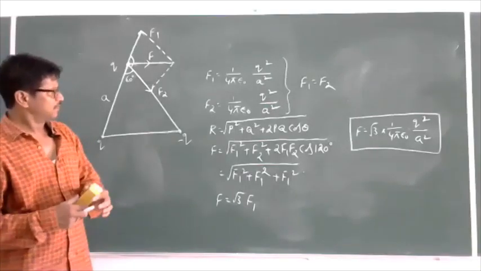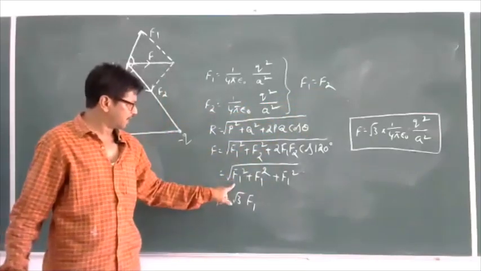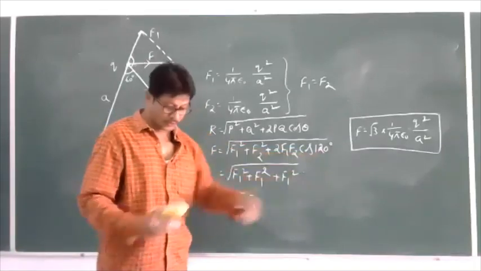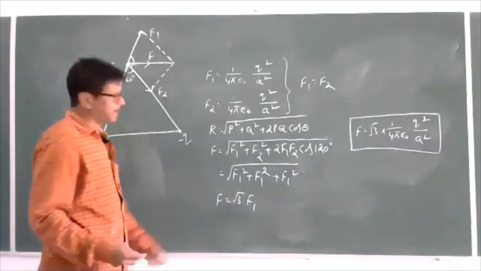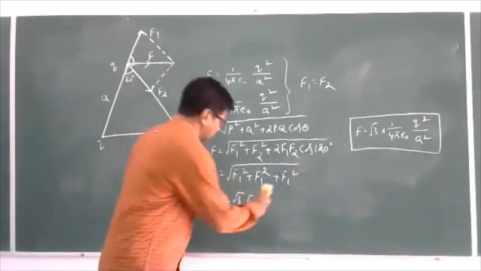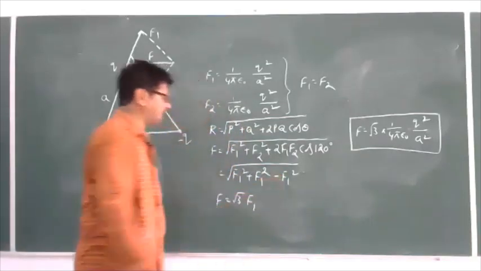As we know, F1 is equal to F2. So F1 square plus F1 square cos 120. Cos 120 is equal to minus 1 by 2. Minus 1 by 2, 2 and 2 get cancelled. Here we'll get minus F1 square.